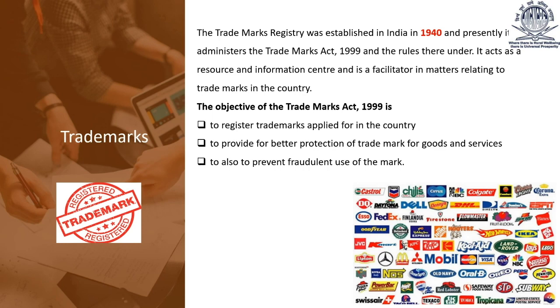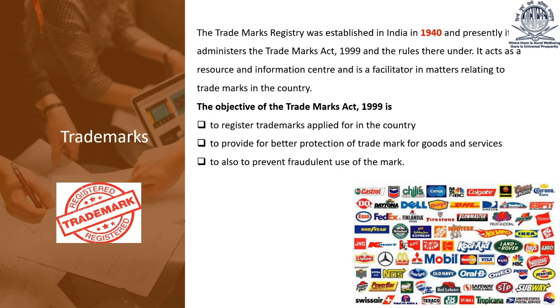The Trademark Registry was established in India in 1940. Presently, it administers the Trademarks Act 1999 and the rules thereunder. It acts as a resource and information center and is a facilitator in matters related to trademarks in the country.